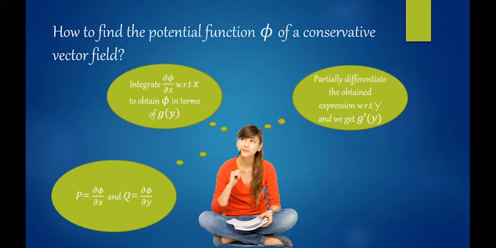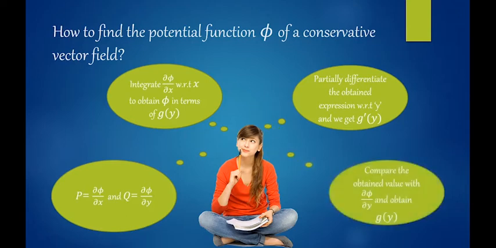Now remember the first thing that we did: we had already calculated ∂phi/∂y, which is nothing but Q. So next we equate these expressions, compare the obtained expression with ∂phi/∂y, and we will obtain g of y. Once we get g of y, we will get the value of phi in terms of x and y.